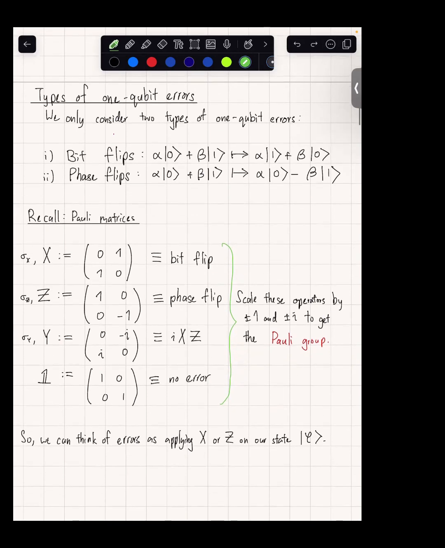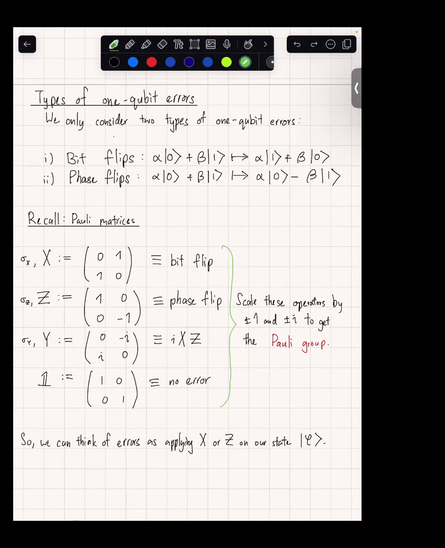Before we continue, let's recall the Pauli matrices. So there are three types of Pauli matrices: Pauli X, Z, and Y. Pauli X is equivalent to a bit flip, so it's represented by this matrix here. Pauli Z is equivalent to a phase flip, and it's represented by this matrix. And lastly, Pauli Y is represented by this matrix, and it's equivalent to i times XZ.